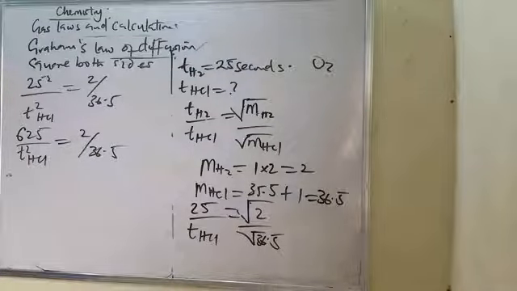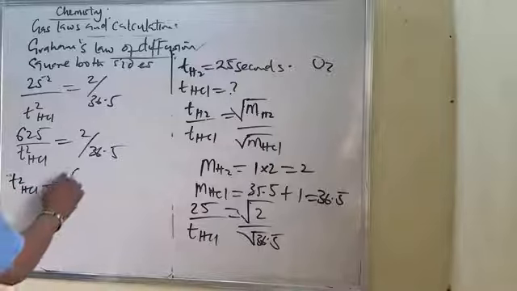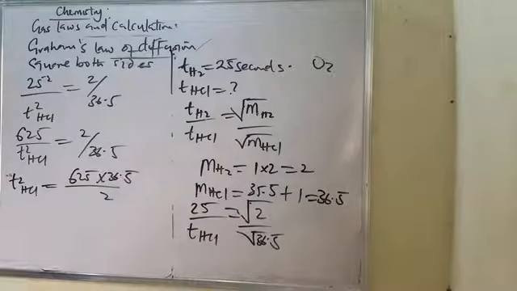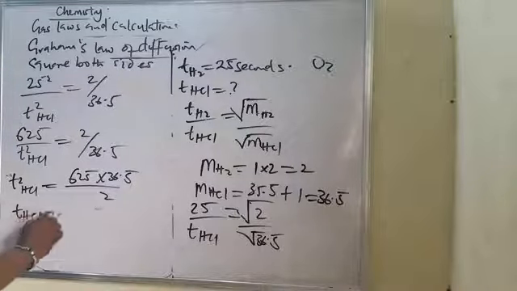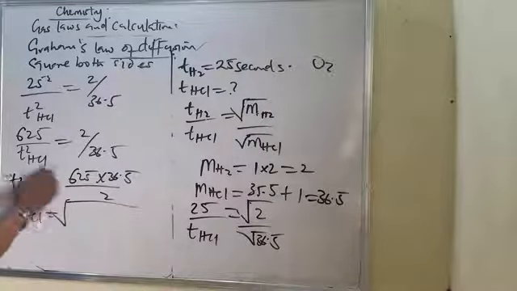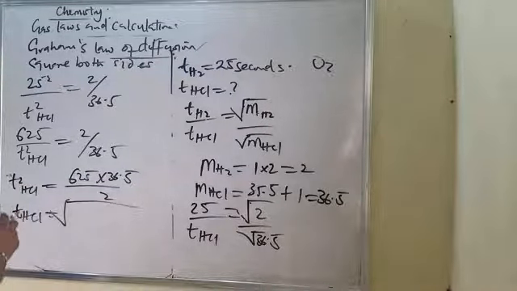Right. So if we cross multiply, we have T squared of HCl. Remember, our T here is squared, equals 625 times 36.5 divided by 2. I want to remove this square, so T of HCl is the square root. That means square rooting both sides back, because all I'm looking for is time, not time squared.